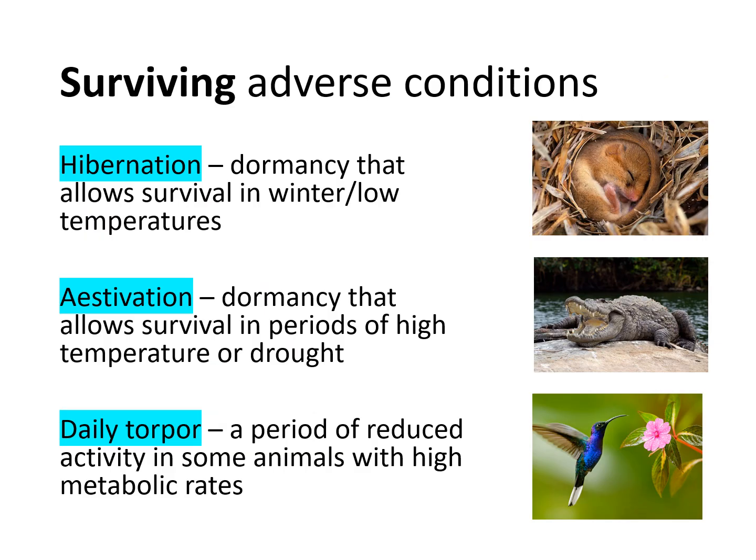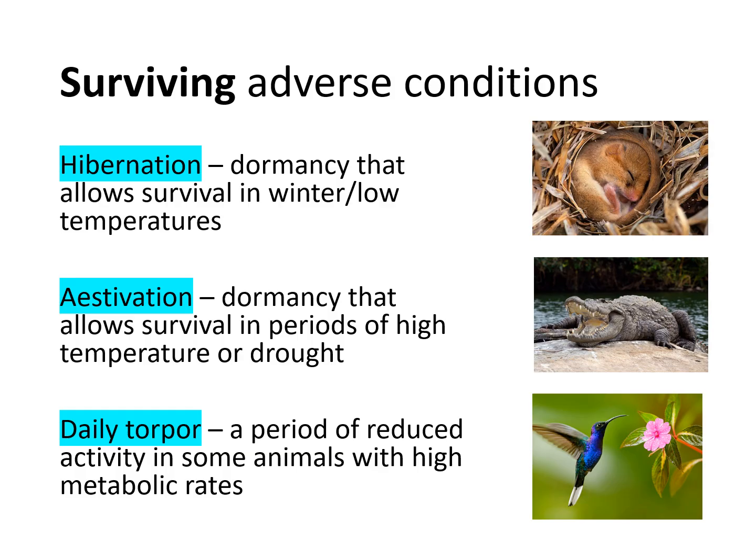So there's three types of dormancy that animals can use to survive adverse conditions. And remember, this is where they're staying put in the same location and they're surviving until favourable conditions return. And again, all of these types of dormancy are characterised by low metabolic rate, low heart rate, low breathing rate, and low body temperature. So the first one we're going to look at is hibernation, or I think of it as winter sleep.